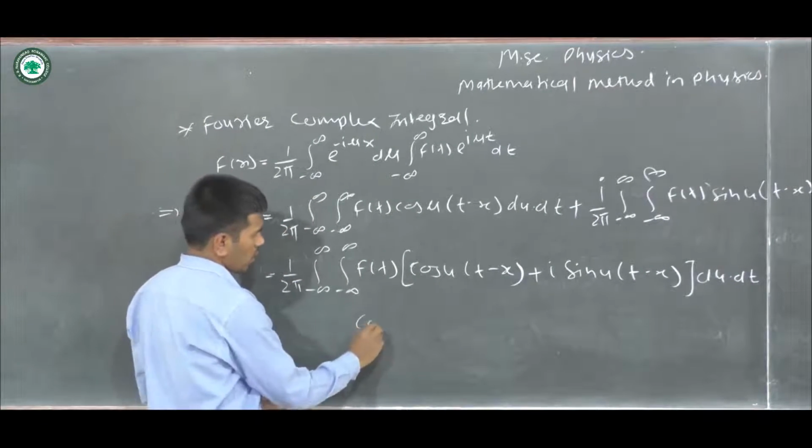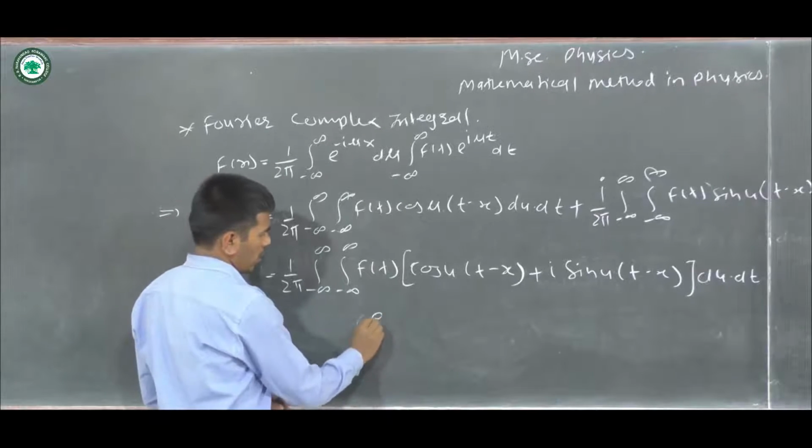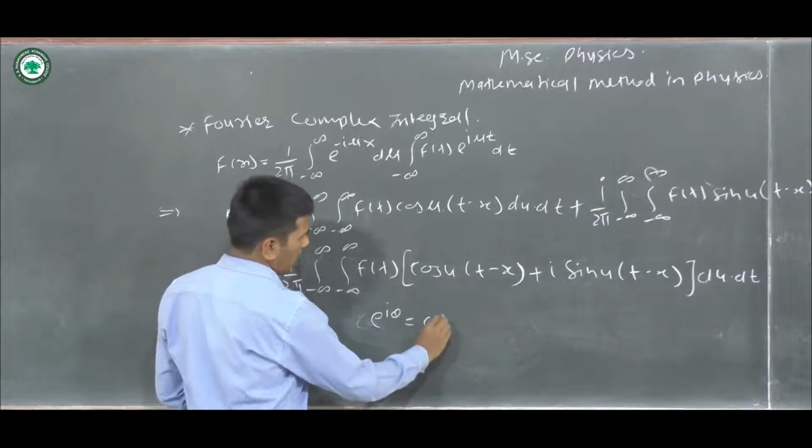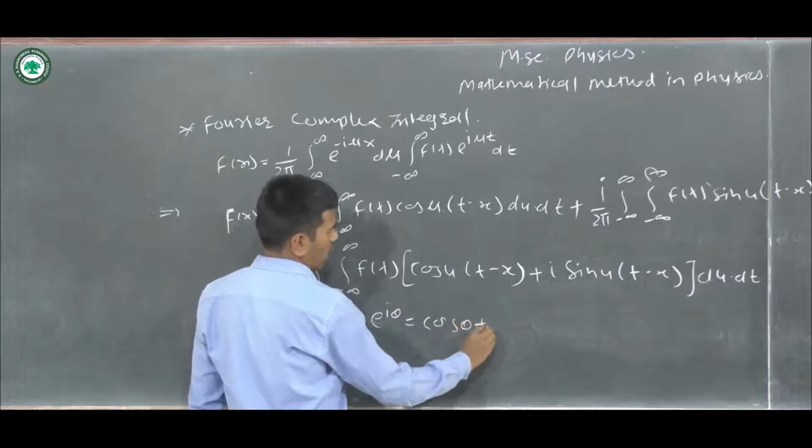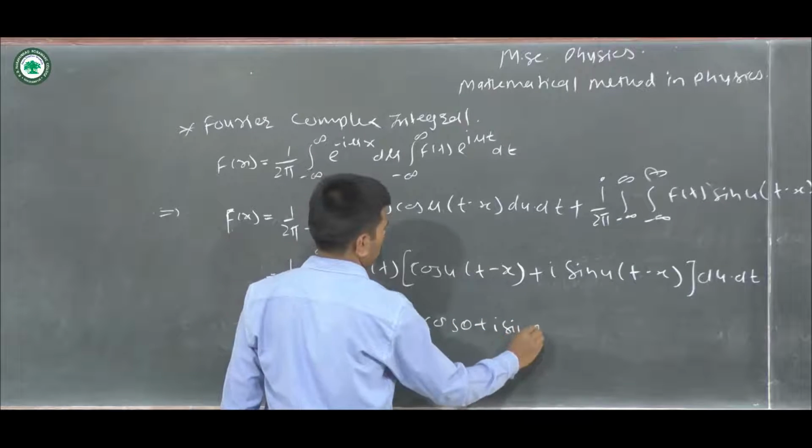We know the Euler formula, that is e^(iθ) = cos θ + i sin θ.